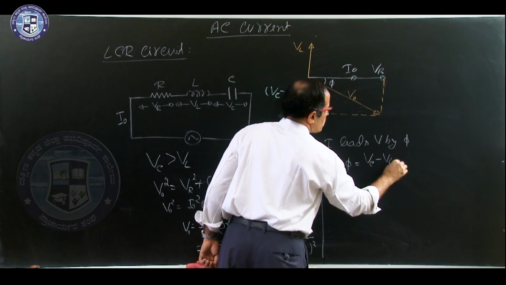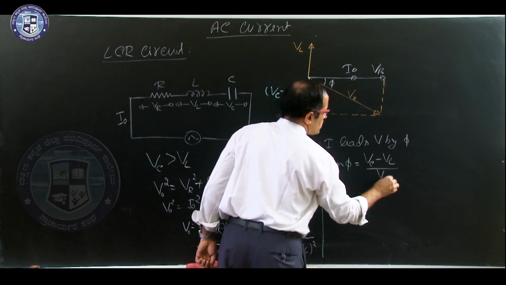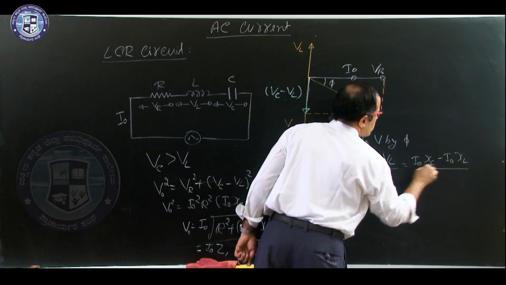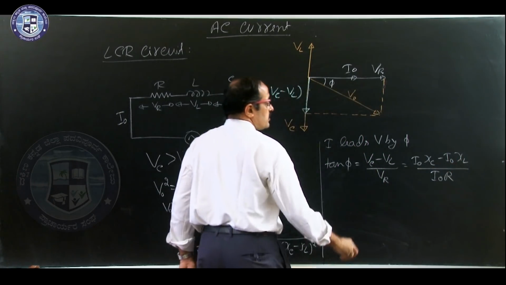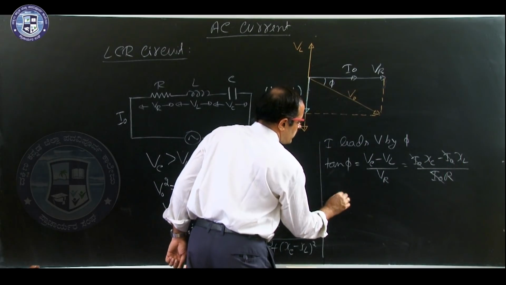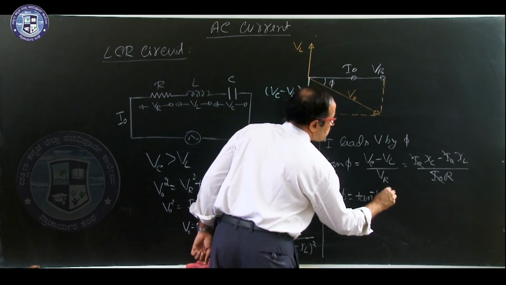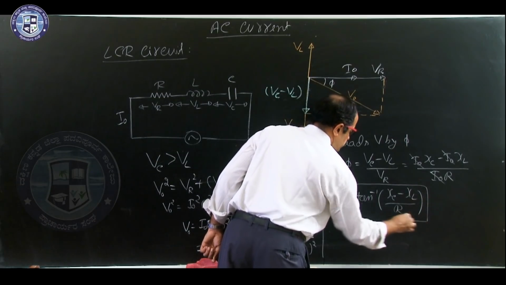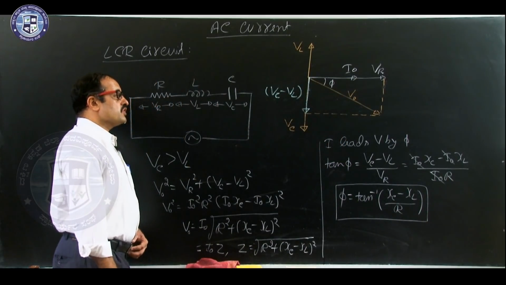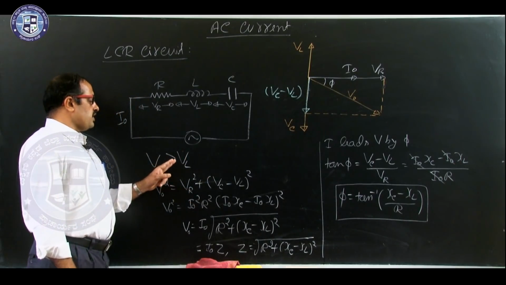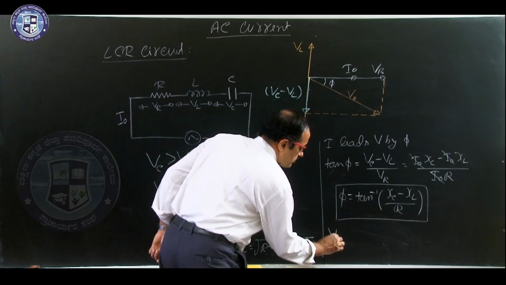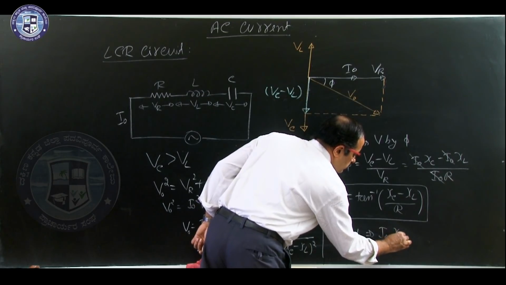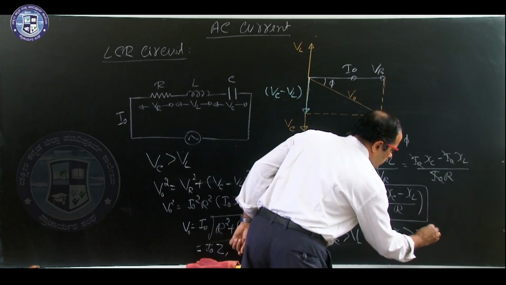Vc minus Vl by Vr, that is I naught into Xc minus I naught into Xl divided by I naught into R. So, I naught we can cancel, phi is equal to tan inverse of Xc minus Xl by R. Now, again you come back here, Vc greater than Vl, this is the condition, which implies I naught into Xc greater than I naught into Xl.